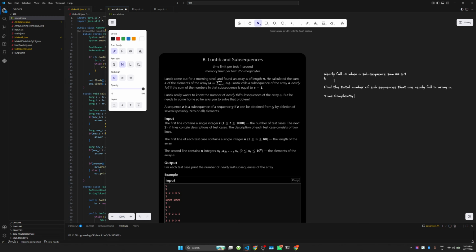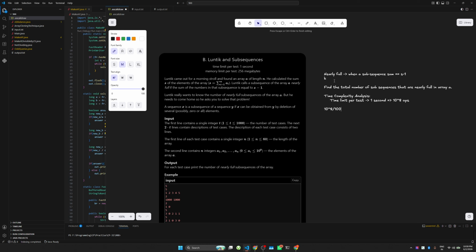We are given a time limit per test of 1 second, and we know 1 second allows us to do somewhere around 10 to the power 8 operations, I think it was 8. And we have around 1000 test cases.